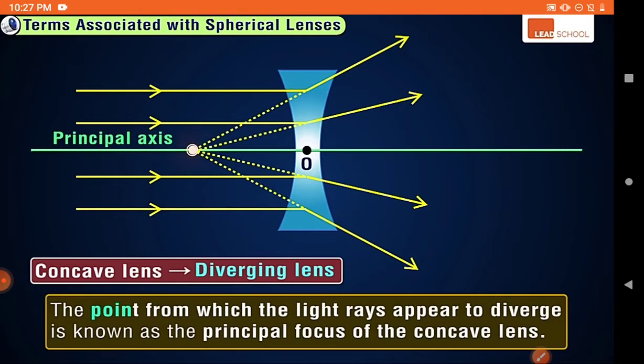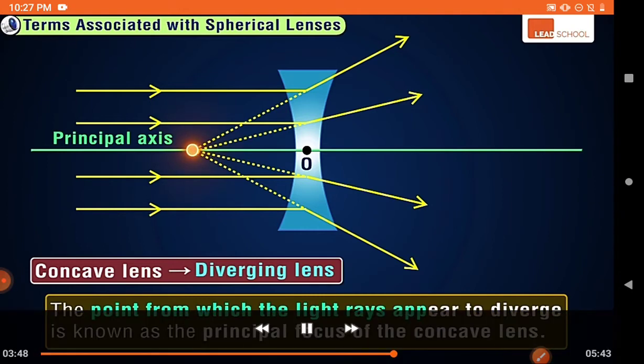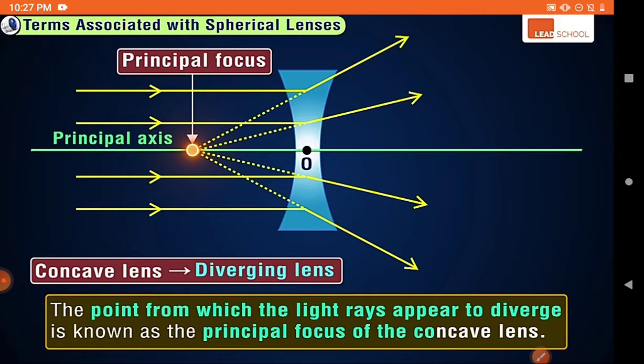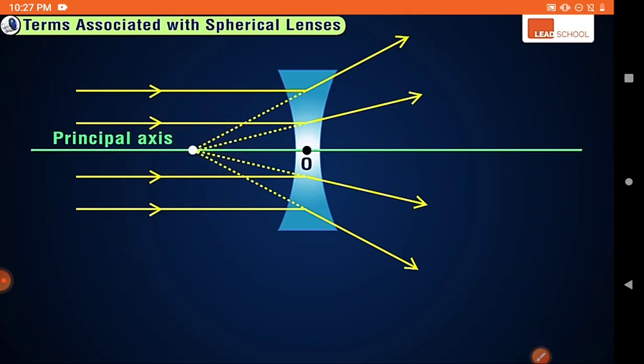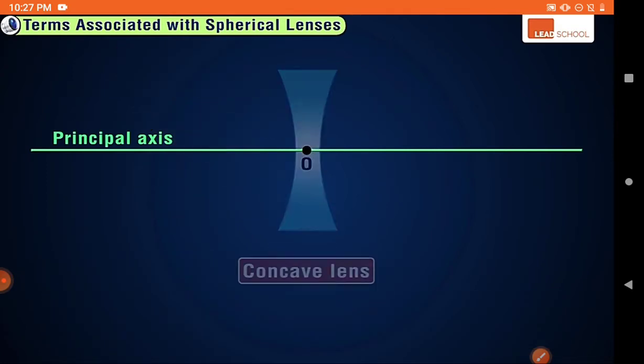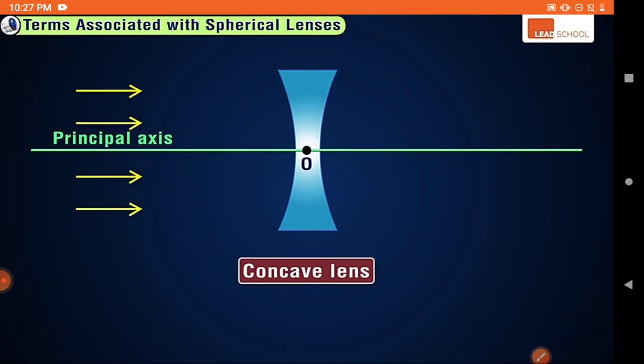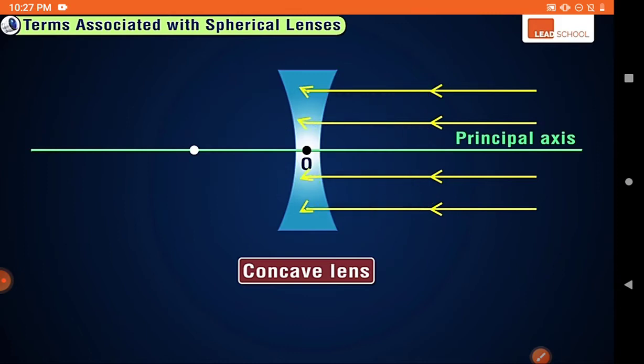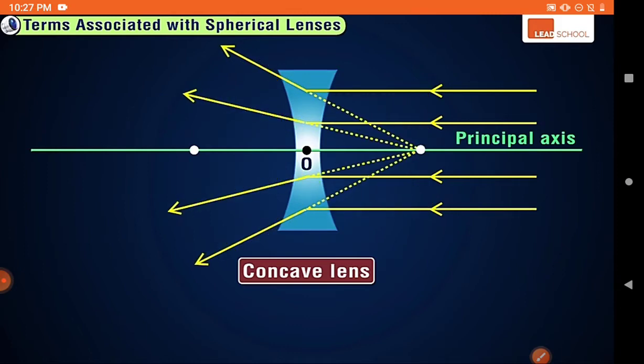Also, the point from which the light rays appear to diverge is known as the principal focus of the concave lens. Similar to a convex lens, in a concave lens, rays can come either from the left-hand side or the right-hand side of the lens. Hence, it also has two principal foci, which are labeled as F1 and F2.